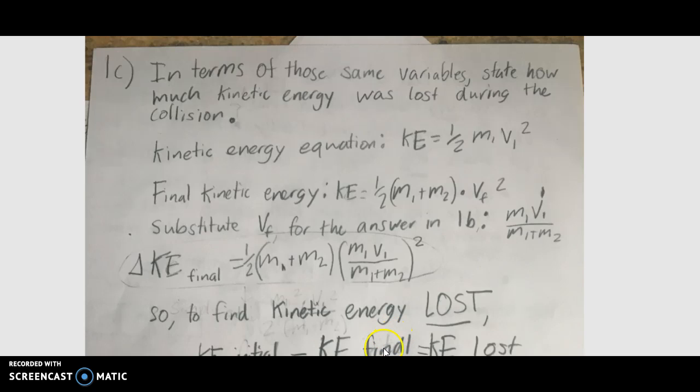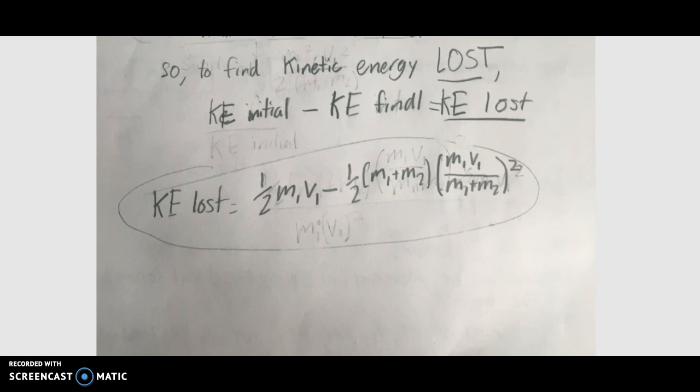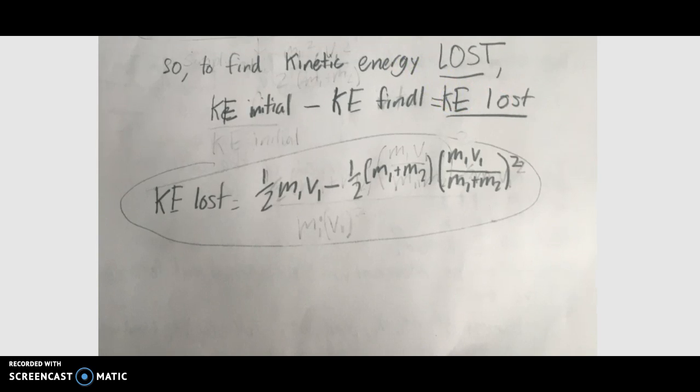Okay, this is where we find the lost kinetic energy. Remember, we're not finding the final or the initial kinetic energy, but we need both to figure out how much kinetic energy was lost. How do we find that? We use simple subtraction to find the difference between the initial kinetic energy, before the collision, and the final kinetic energy, after the collision has taken place.